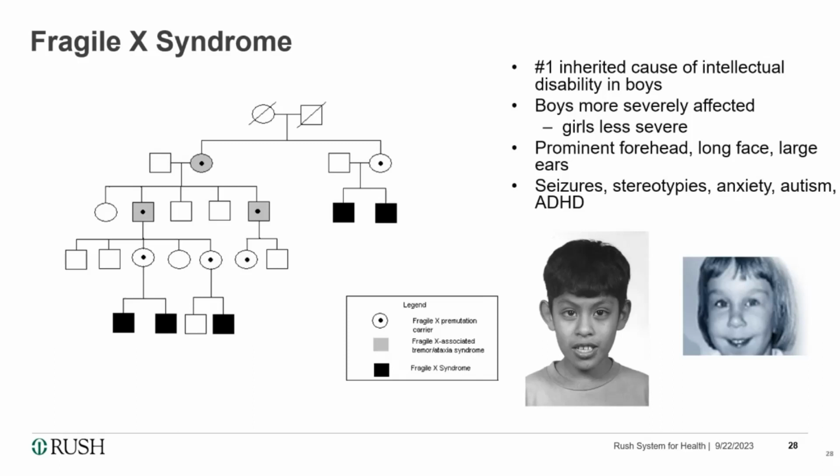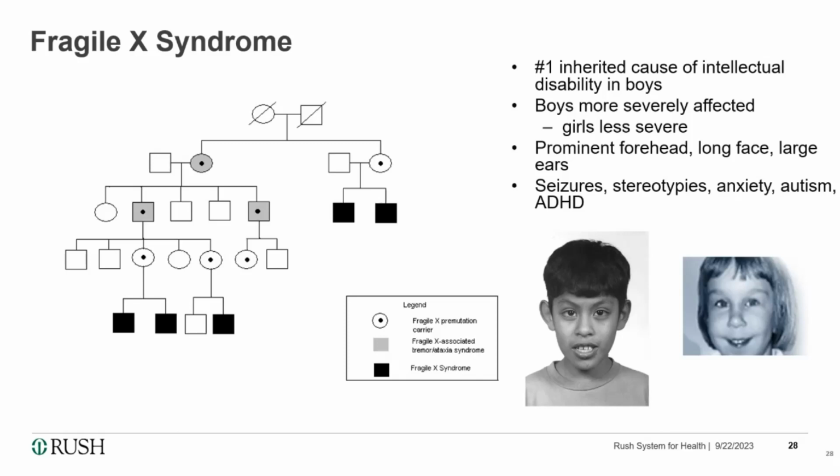The reason why it's important to recognize this disorder is that now FXTAS has been discovered for about 20 years. FXTAS patients are now walking into the neurologist's office and getting diagnosed, when in the past, these individuals were identified because of the Fragile X syndrome child.